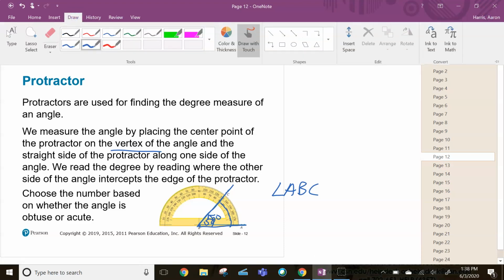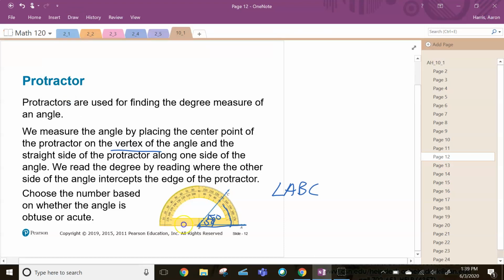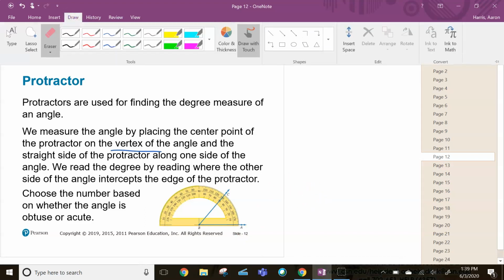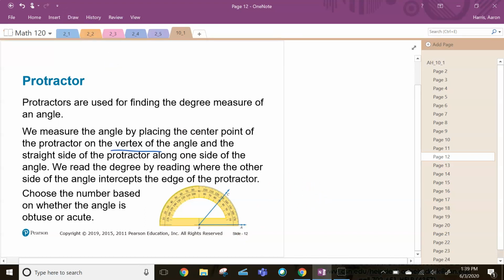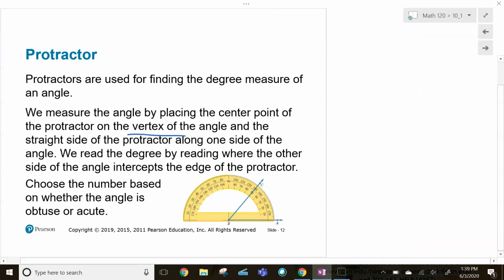In fact, let's do another one, from the other side this time. Let me go from D and rotate through to C, so angle DBC.